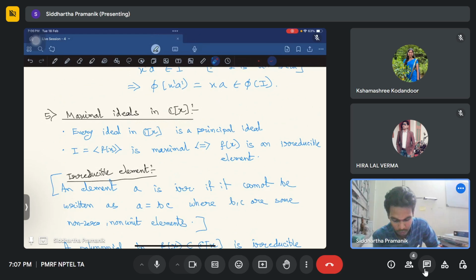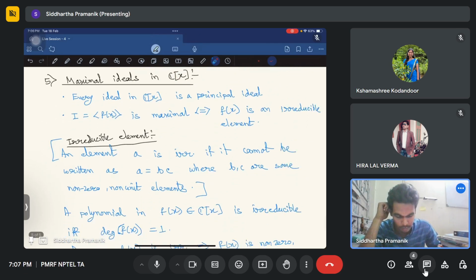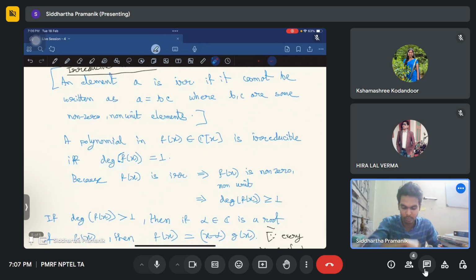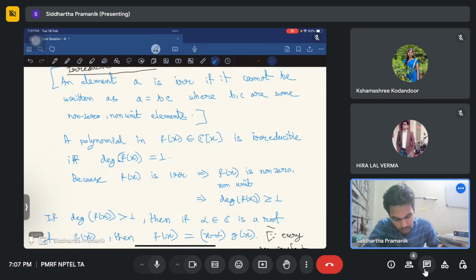Now we know I generated by f(x) is maximal if and only if f(x) is an irreducible element, right? So we need to determine what the irreducible elements in C[x] are. Okay, so then we are claiming the irreducible elements in C[x] are only degree 1 polynomials.